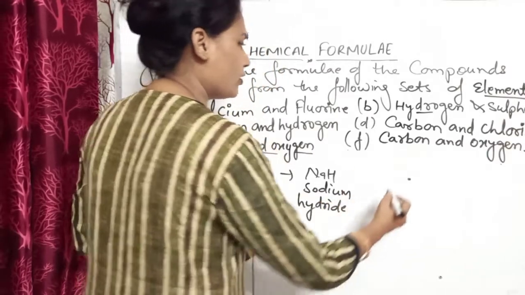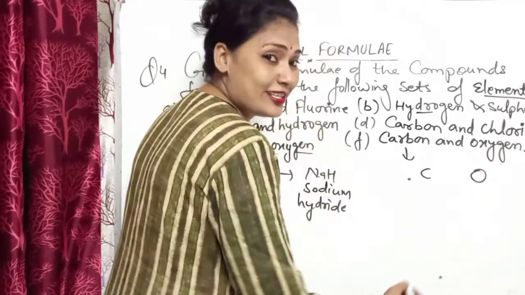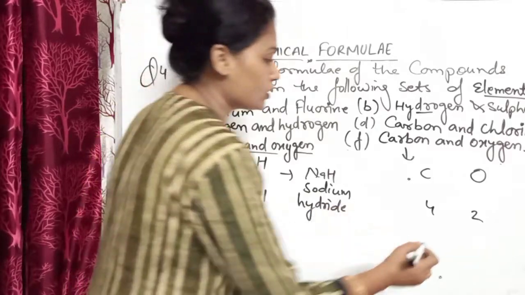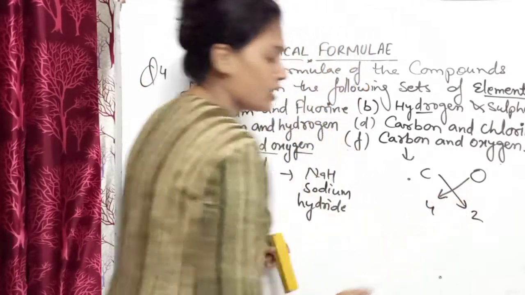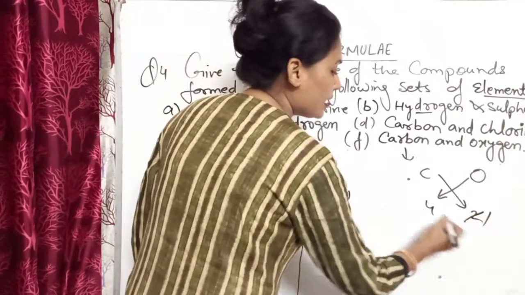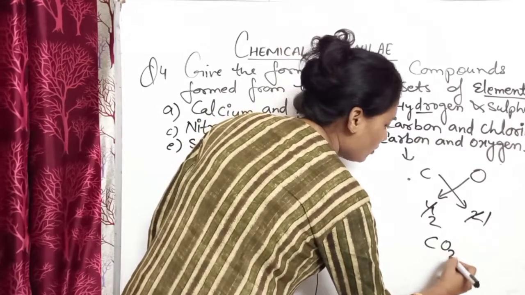Next is carbon and oxygen. Carbon C, oxygen O, valency of carbon is 4, oxygen valency is 2. Cross over the valency. If there is a common factor, you can take that and divide it. So our formula becomes CO2.